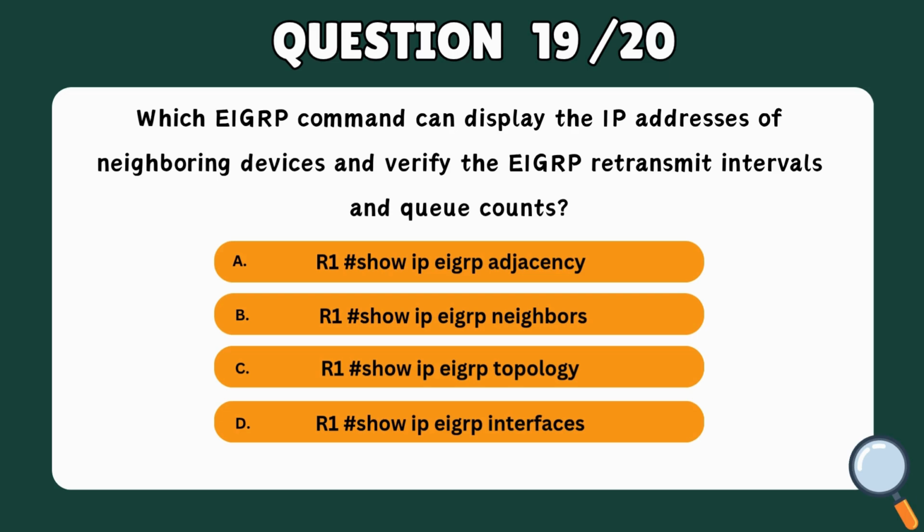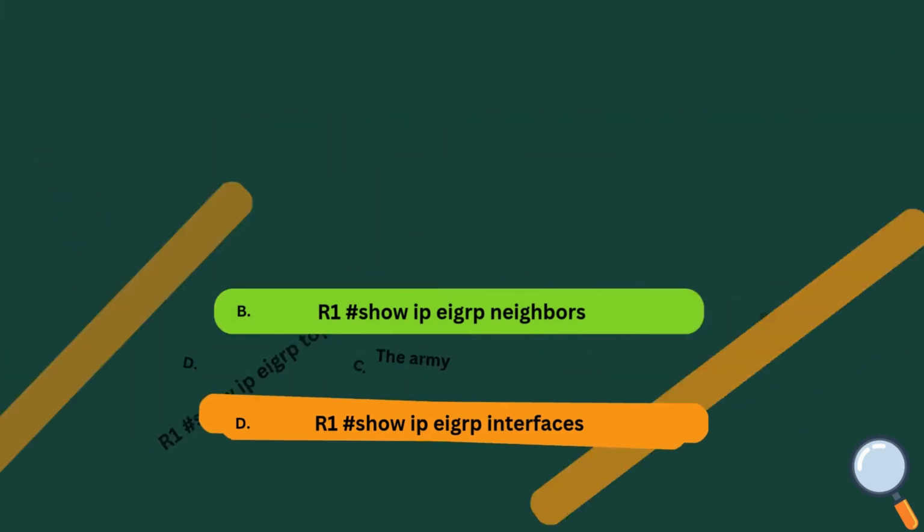C. R1# show ip eigrp topology. D. R1# show ip eigrp interfaces. Correct answer: B. R1# show ip eigrp neighbors.